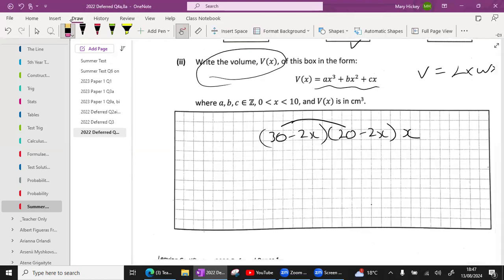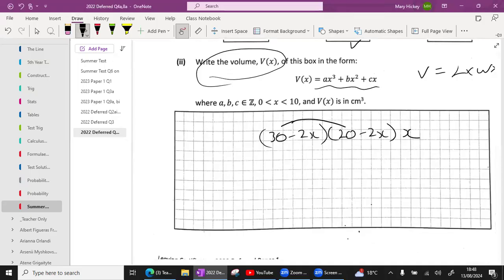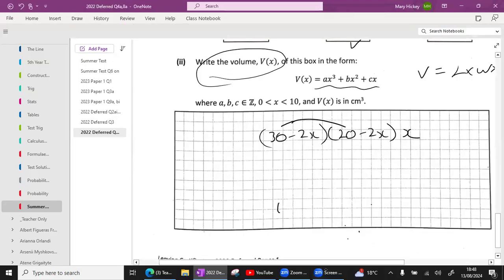Try that again. 600. Not sure what's going on here. Maybe I'll multiply it out here below. Maybe that'll be better. 600.